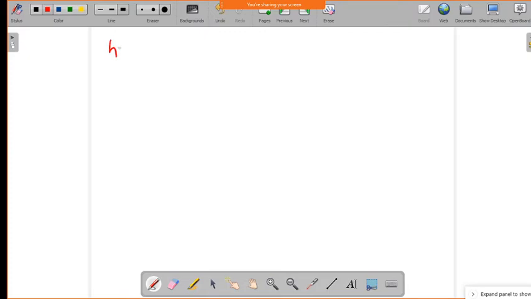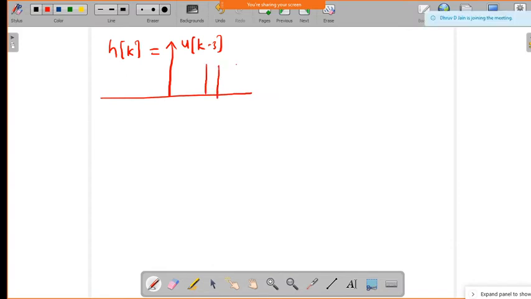So h of k itself you directly take as u of k minus 3, that is shifted by 3 units, that is here 3. Now I'll compute this one as h of n minus k. I'll shift this one n times, that is k plus n.